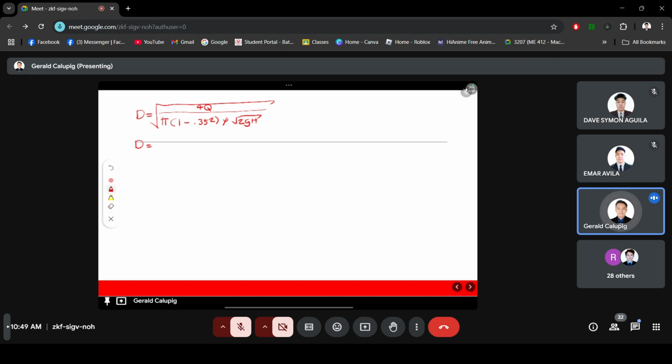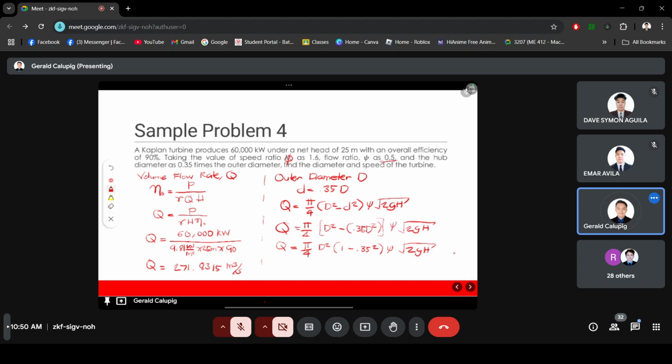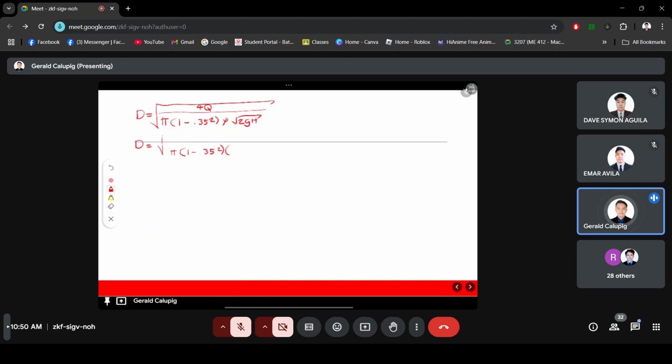Next, we can have the value ng d, which is what? Let's substitute the data. Substitute natin, we can have here pi times 1 minus 0.35 squared times the flow ratio, which is, anong flow ratio natin kanina? 0.5. 0.5 times square root ng 2 times 9.81 meter per second squared times our h.